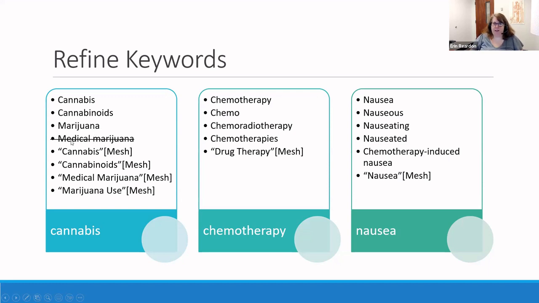So it's automatically going to find these articles because it has the word marijuana in it. So I don't need to use that one. I also don't need to have the phrase chemotherapy-induced nausea because I'm looking for all the articles that say nausea. So it's going to find this one because it has the word nausea in it.